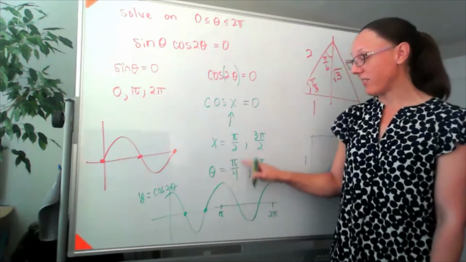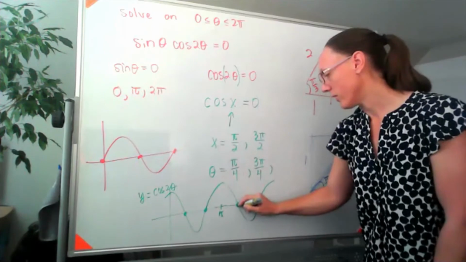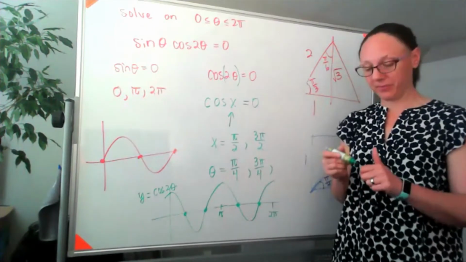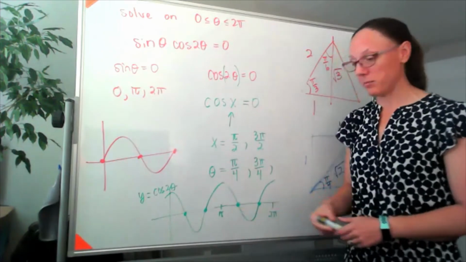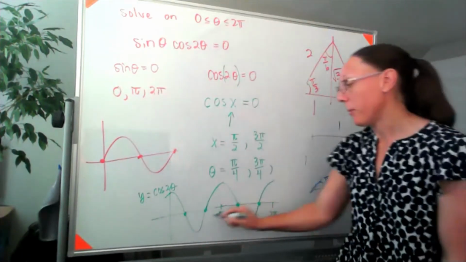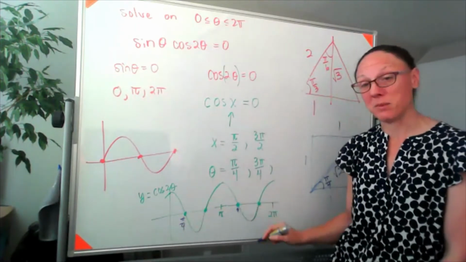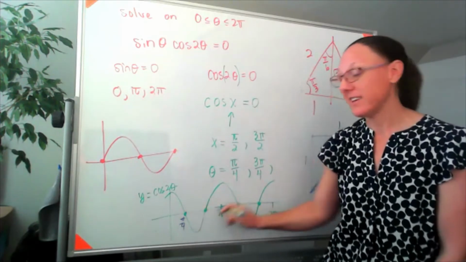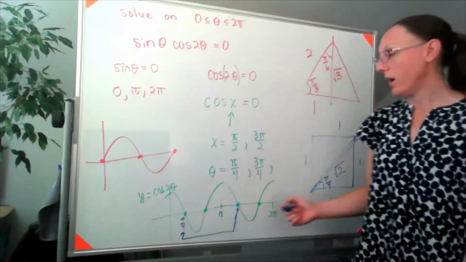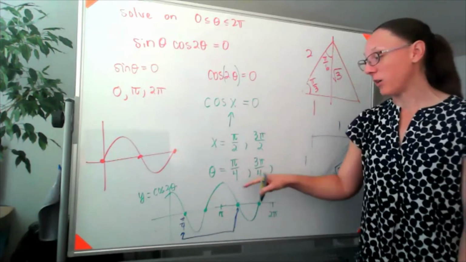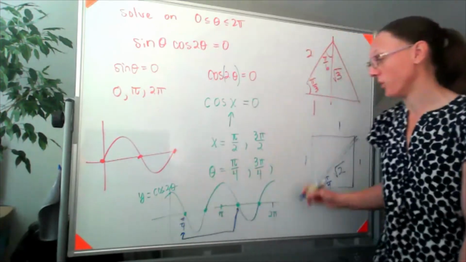So not only do I have the answers of pi over 4 and 3 pi over 4, but I also need the values over here. The distance between that pi over 4 and this next mystery value is one full cycle, which means I need pi over 4 plus an additional pi, the period of cosine of 2 theta.